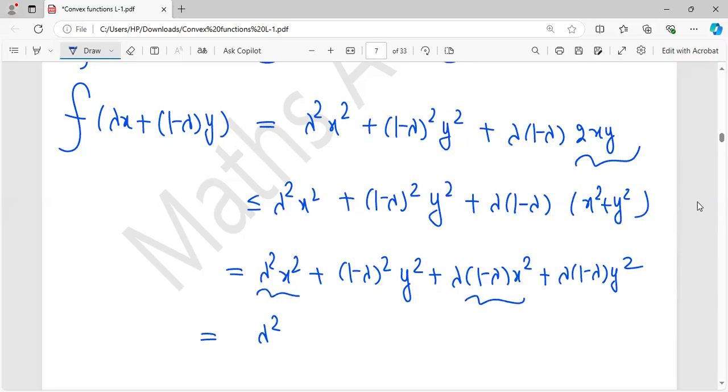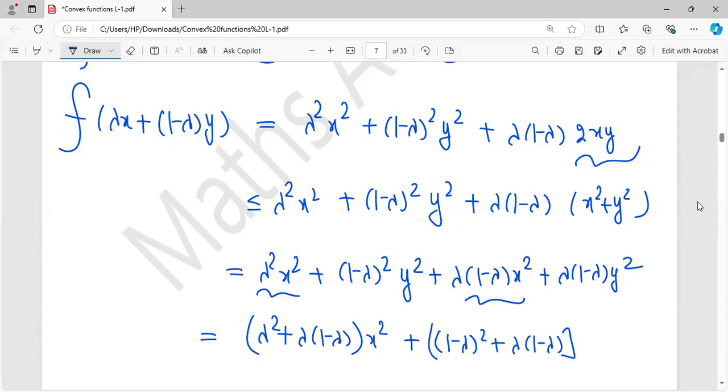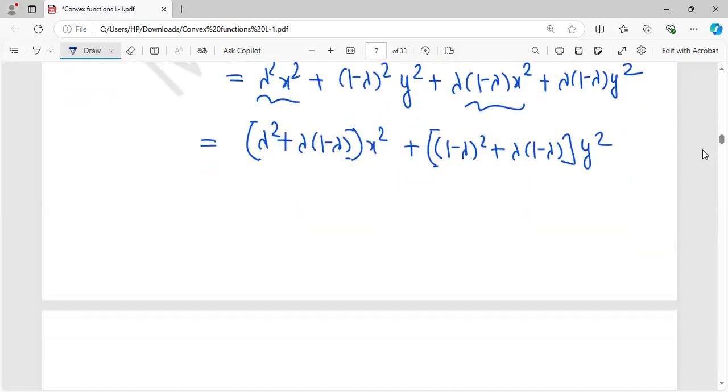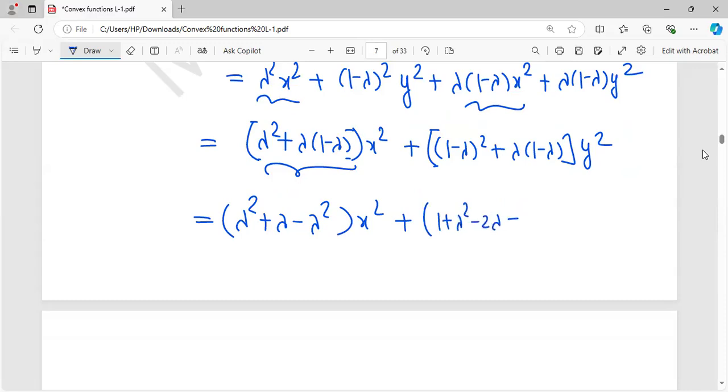You take this one and this one. So what will you get after solving it? This is lambda square plus lambda minus lambda square for x square, and this is 1 plus lambda square minus 2 lambda plus lambda minus lambda square for y square. So this cancels out, this cancels out.